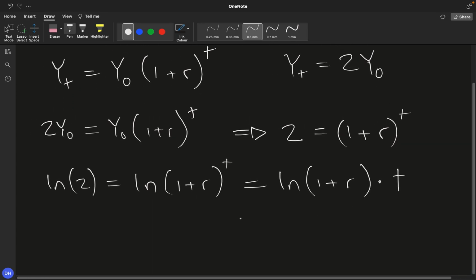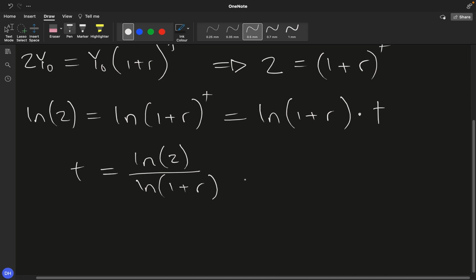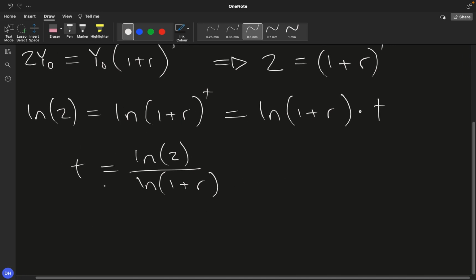And from there, how do we solve for t? We just divide across. So we say t equals log 2 on log(1 plus r). And now that's our formula. That tells us how long it will take for our investment to double.